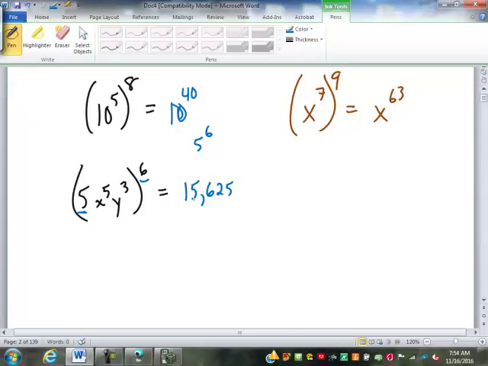And then we take each variable, each name, separately. X to the fifth to the power of 6 is x to the 5 times 6, which is 30, right? Y to the third to the power of 6 is y to the 18. 3 times 6 makes 18.